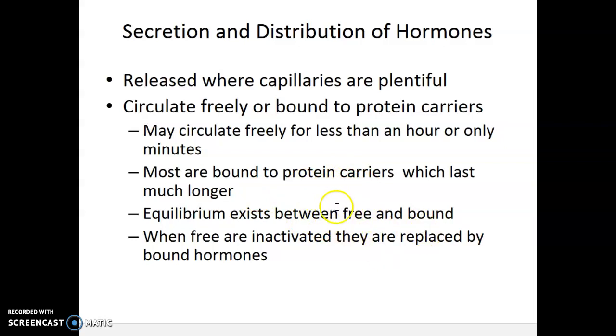As soon as they're bound, they go to be released. As soon as they're released, they go to bind more. Okay, so again, when the free are inactivated, they are replaced by the bound hormones.